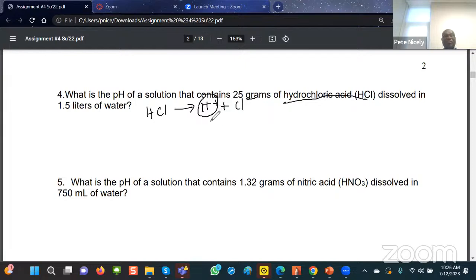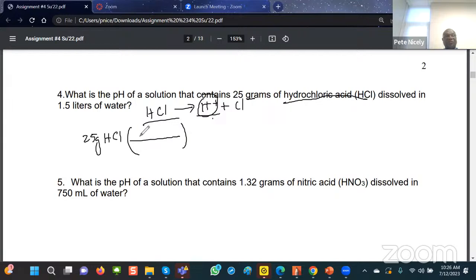We need to find the amount of H+ ions present in the solution in terms of moles. And because the dissociation is showing that there's a 1-to-1 mole ratio between the HCl and H+, whatever the moles of HCl is, that would be the same. So the way I set this up is that I start off with the 25 grams of HCl, and the first thing I would do is convert that to moles.